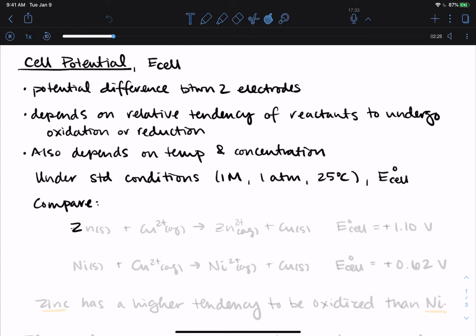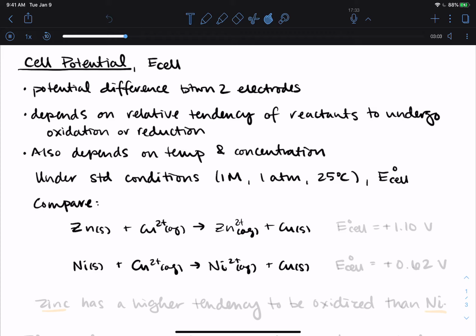So for the reaction zinc solid plus copper 2 plus turning into zinc 2 plus and copper solid, we're going to compare this to nickel reacting with copper. So nickel solid plus copper 2 plus turning into nickel 2 plus and copper solid.